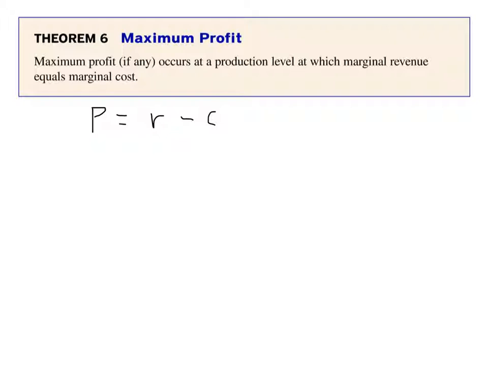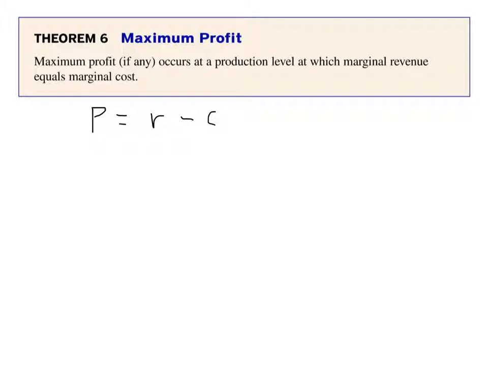Okay. If we look at what is the derivative of these? These are all in terms of x, so if we're trying to find the maximum profit, finding the derivative and setting it equal to 0 would give us that.